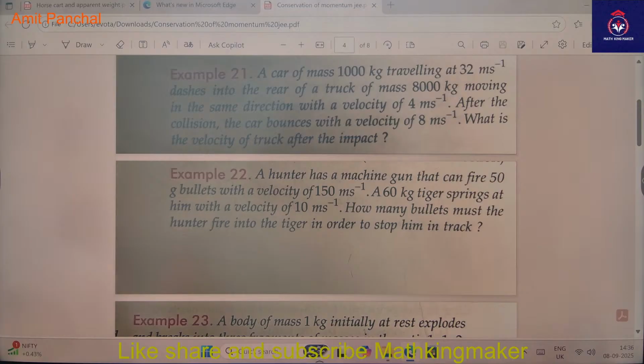What's the velocity of the truck after the impact? It is 9 meter per second. After the impact, yeah. Okay, one second. I think I got it.